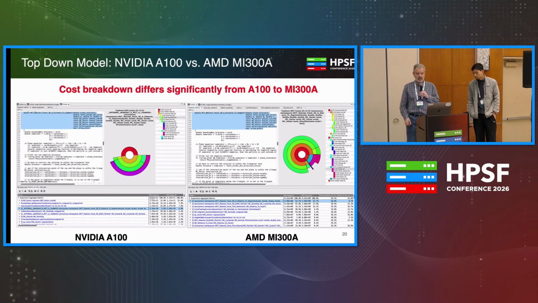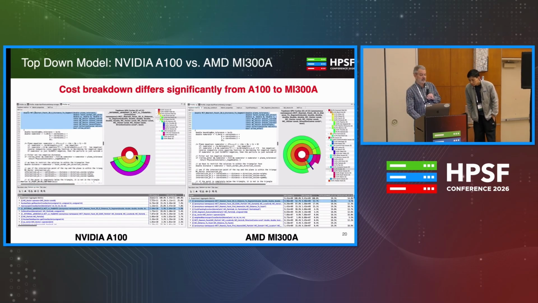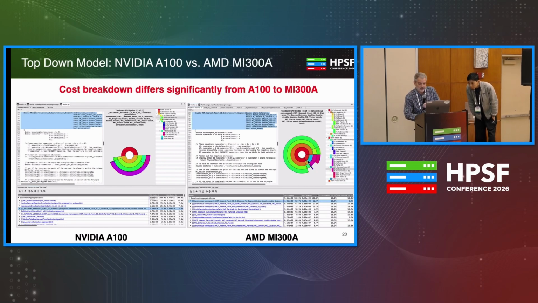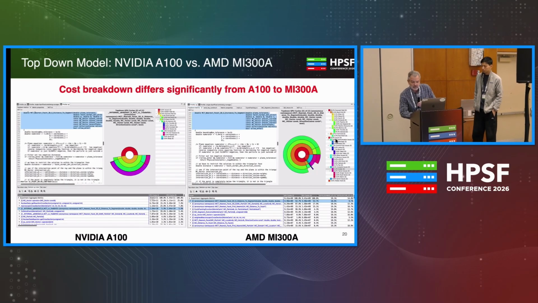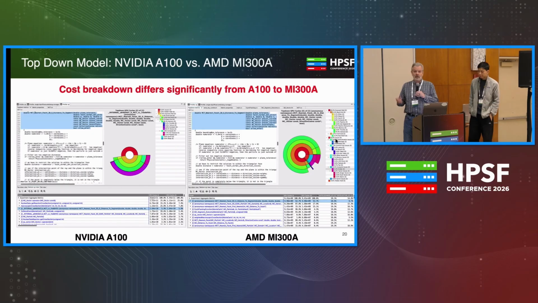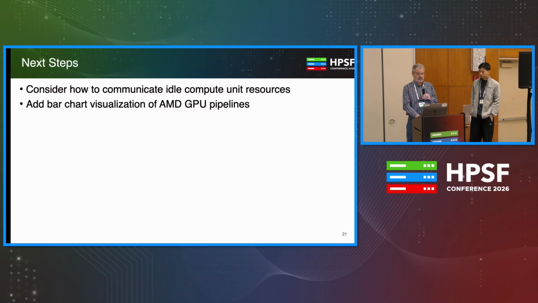You can see that there are remarkably different shapes in these graphs, and over here, there's about 50% issues, and over here, the number of issues is pretty small. It's just like 16%. Why these things are vastly different, we haven't had a chance to dig into that yet. Okay, so that's what we've been doing for the instruction level analysis.